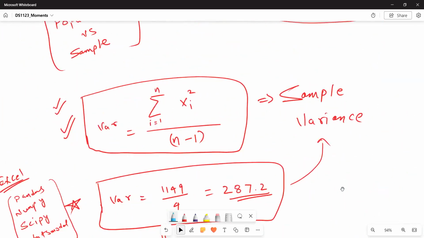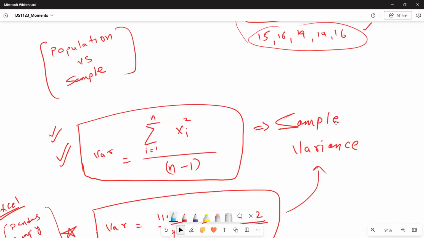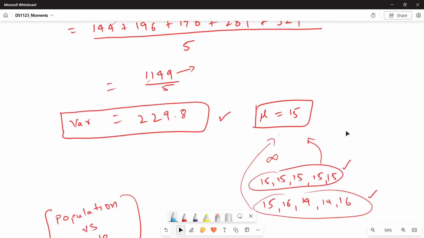If you see this value, it's very near to the square of the mean of the data. What is the mean of the data? 15. What is the square of 15? It's 225, and this value is very close to this, because it is the square of 15.